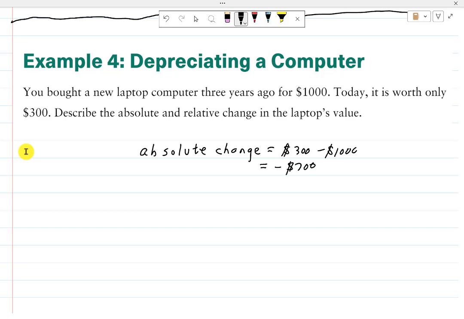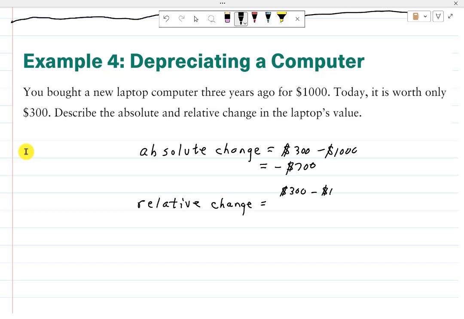Now you could probably do the next part easily. That's 70% of the entire value of the original value of the computer. So the next one will give me negative 70%, which will be the relative change. You'll see. So the new value, $300.